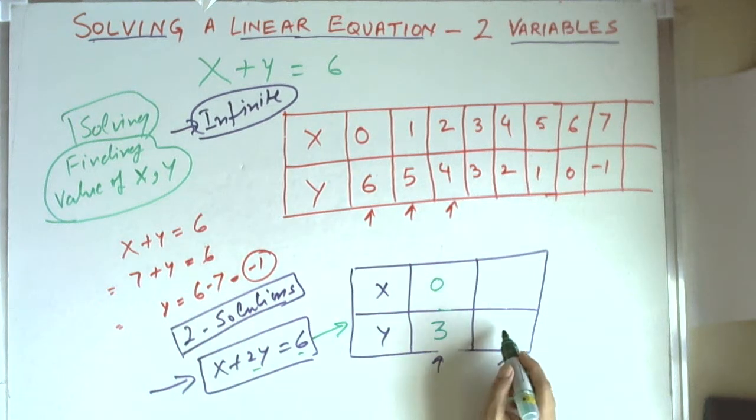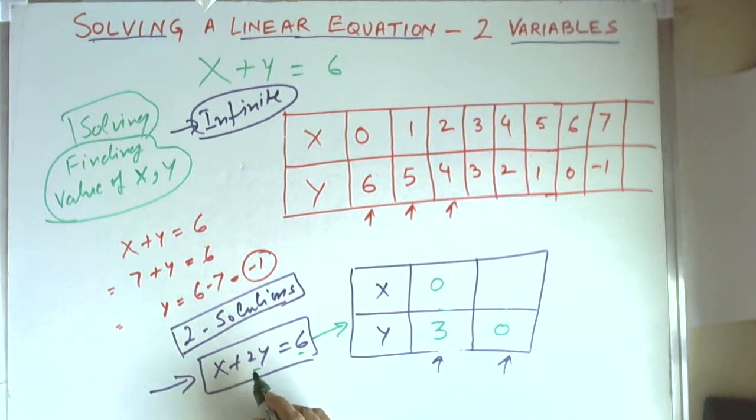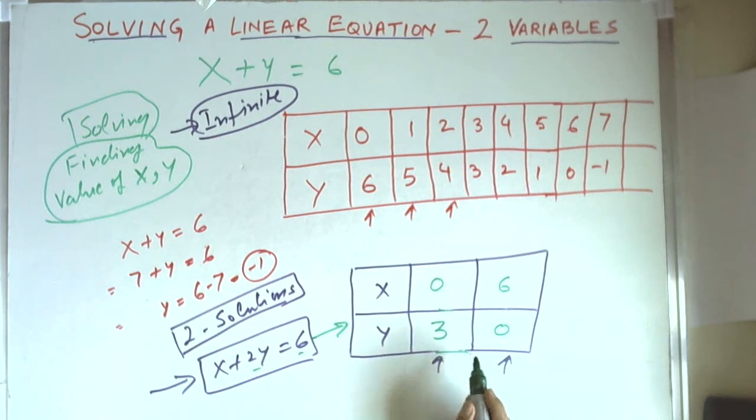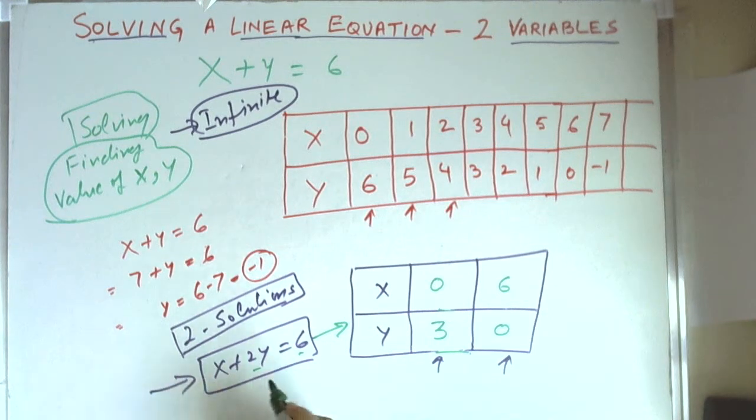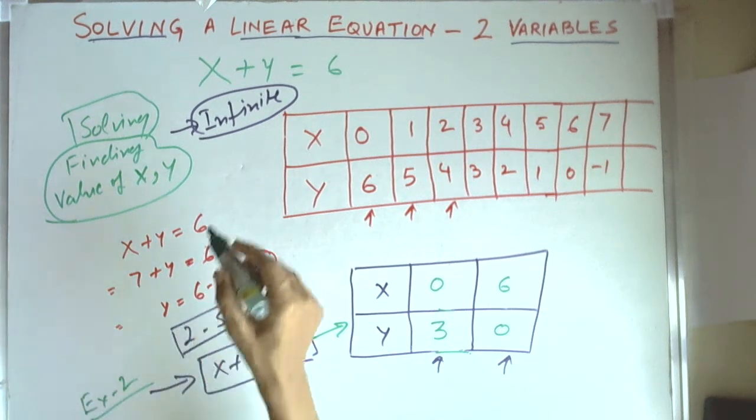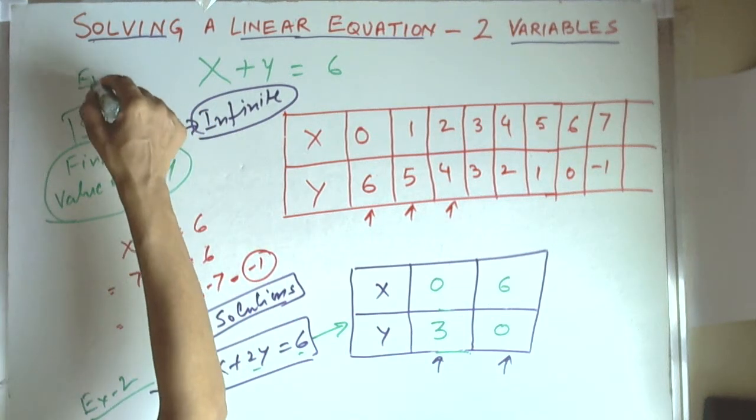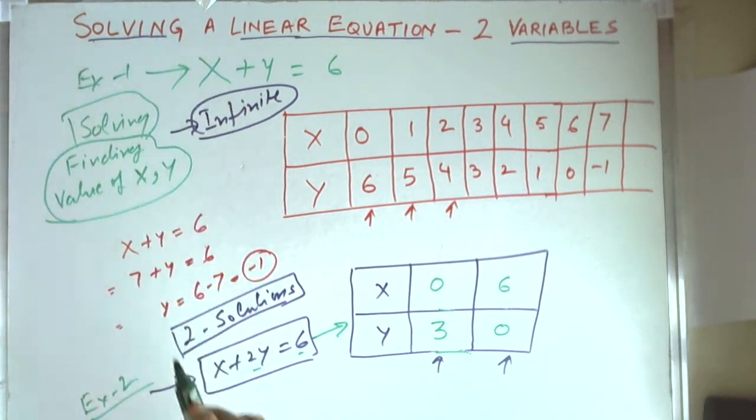And when y is 0, then x is 6. So we have found (0, 3) and (6, 0) as the solutions of the linear equation. This is example 2. This was example 1 which we did.